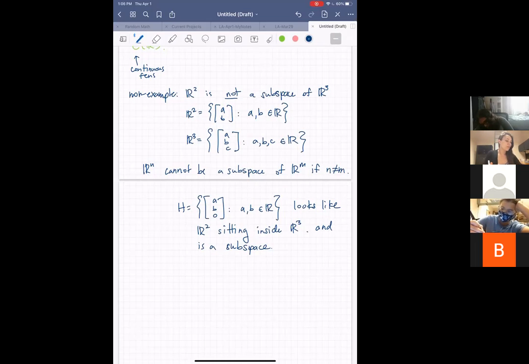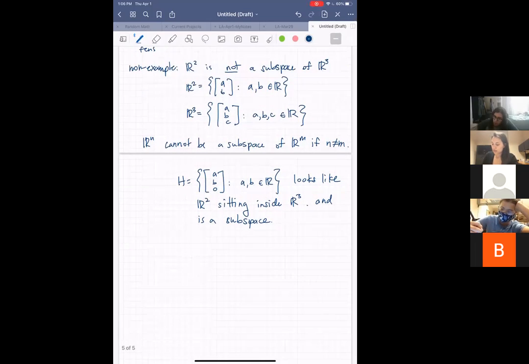Also, in this case, H is the set of all vectors whose third component is 0. Yeah, so if you're looking at R3 and say this is your x1, x2, x3, these are the points with the first two coordinates being any real number and the third coordinate being 0.